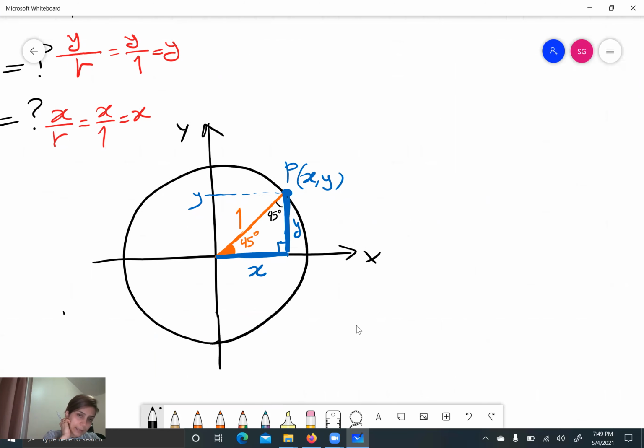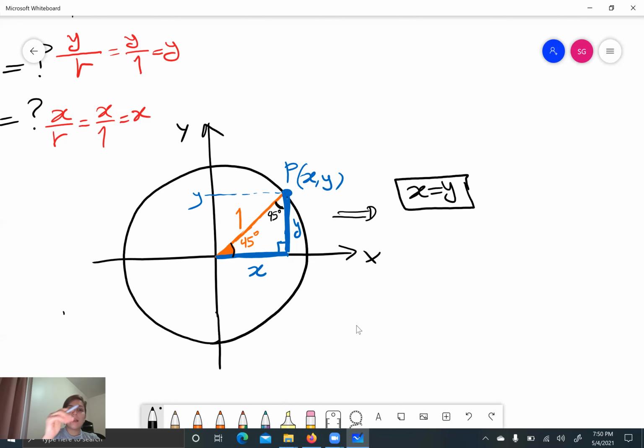And we also learned that if you have a right triangle in a way that the other two angles are 45, you see the angles are the same, then the sides, the legs of this triangle are also equal. So therefore, x is equal to y. So I just used geometry so far. I recall the information from right triangles.